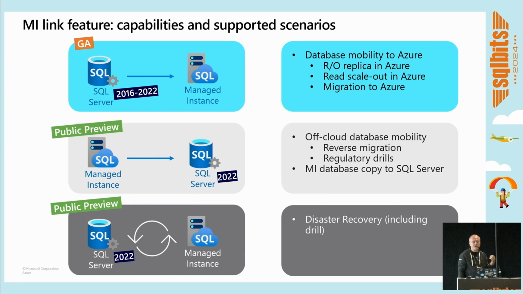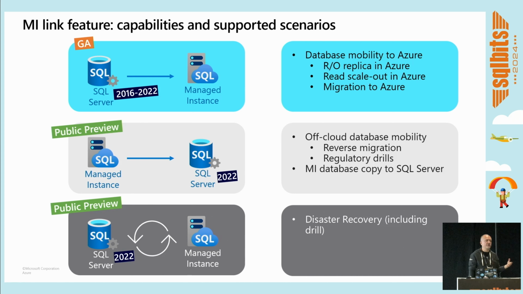A completely new capability, which we have now introduced, is also the capability to create the link the other way, from managed instance to SQL Server. So let's say you have already migrated to the cloud, or you need to get your data back on SQL Server 2022, you can now make the link from the cloud back to SQL Server.